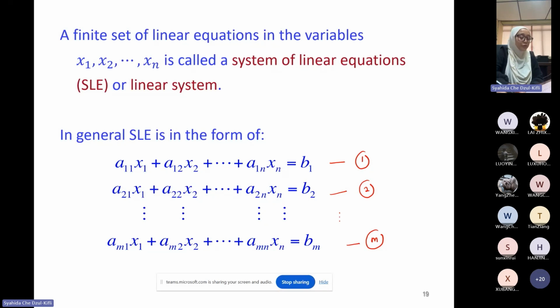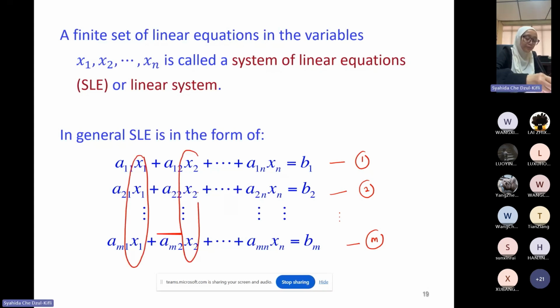Every linear equation has x1, x2, up to xn.